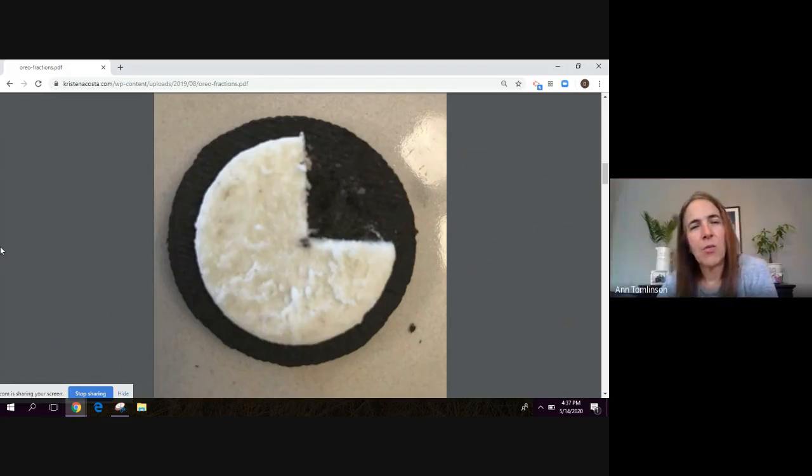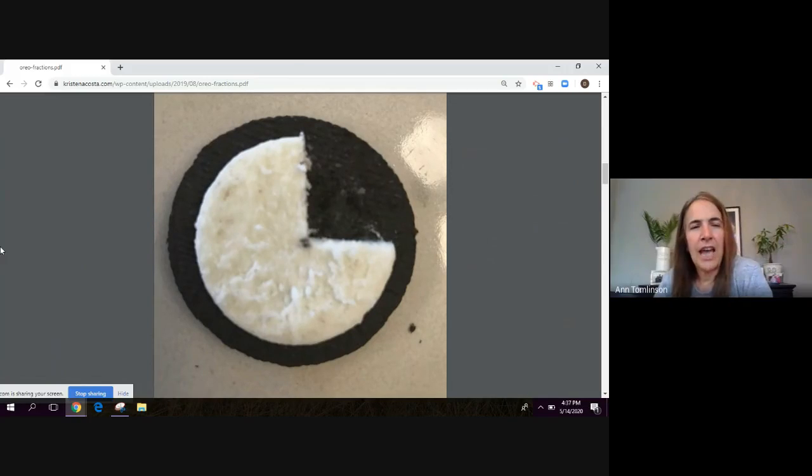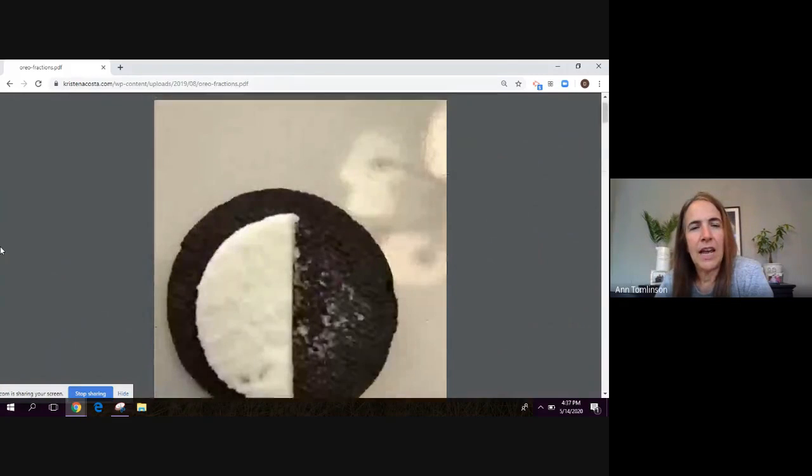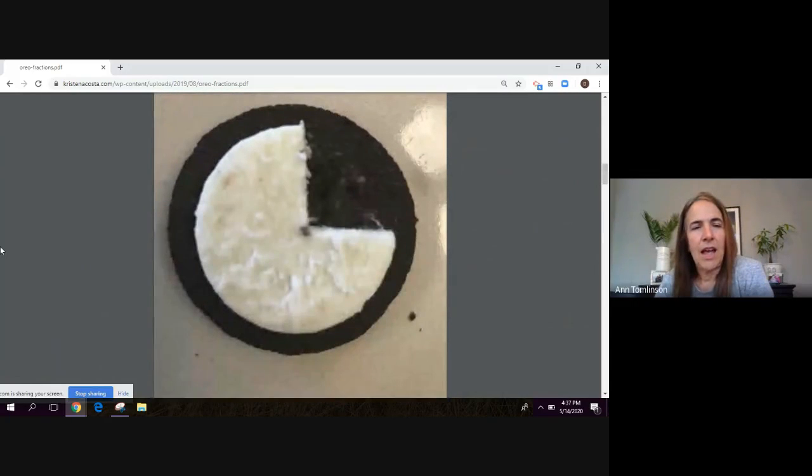I noticed that 1/4 of the frosting is missing. How did you figure that out, Miss Tomlinson? Well, on the first cookie, half of the frosting was missing. And then I noticed that in this cookie, half of that half that was missing is there.